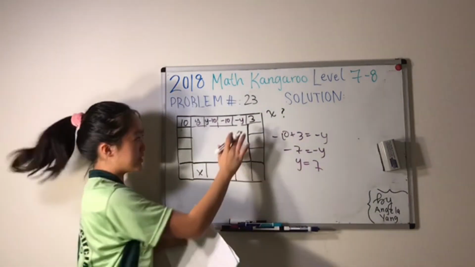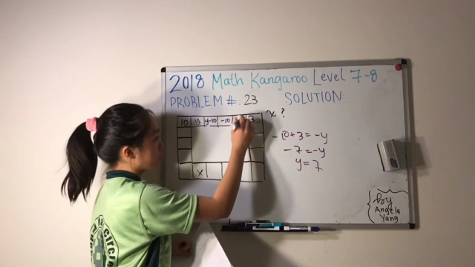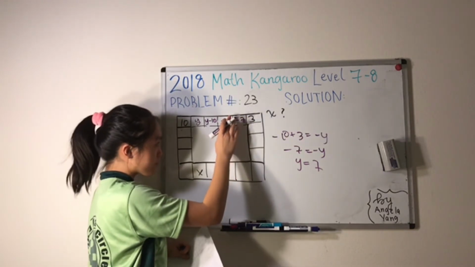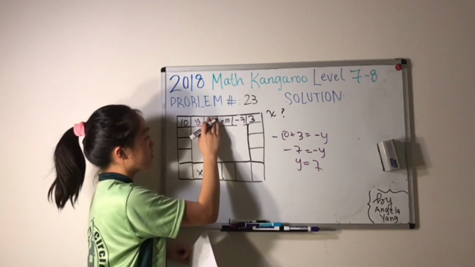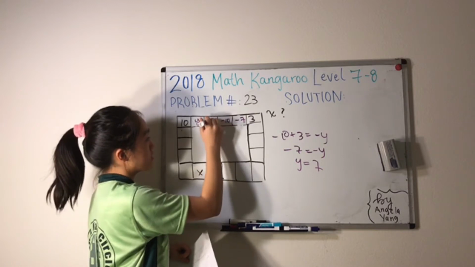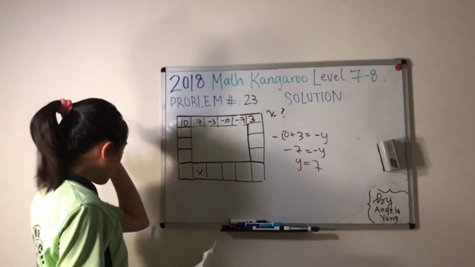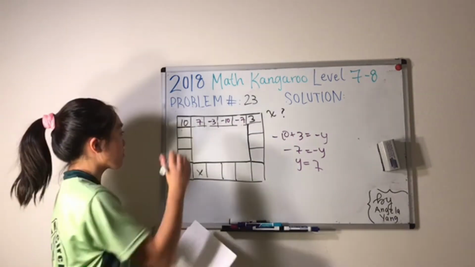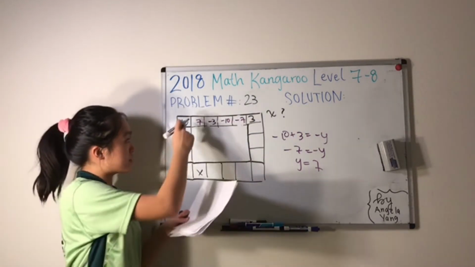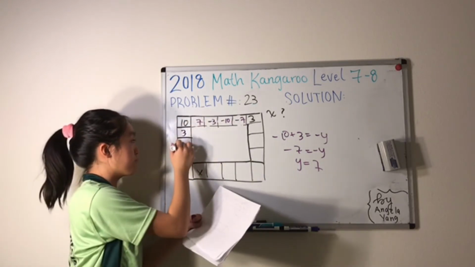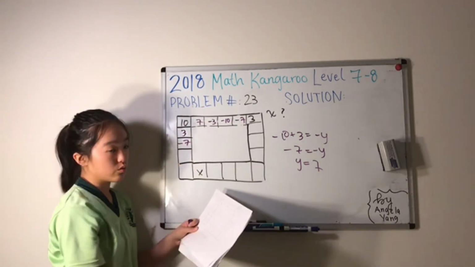Now if we substitute this in, over here we have negative 7. Over here we have negative 10, then we have 7 minus 10, which is negative 3. Then we have 7 over here. So 7 plus what equals 10? 7 plus 3 equals 10. Now 10 plus what equals 7? 10 plus negative 7 equals 3.